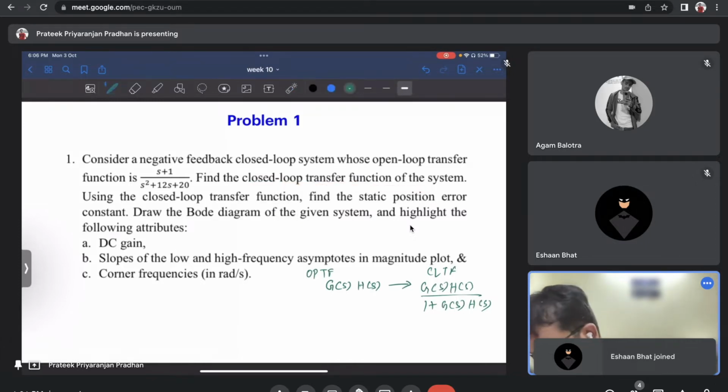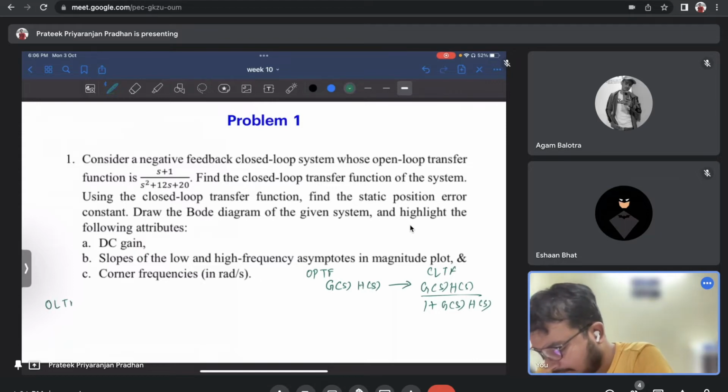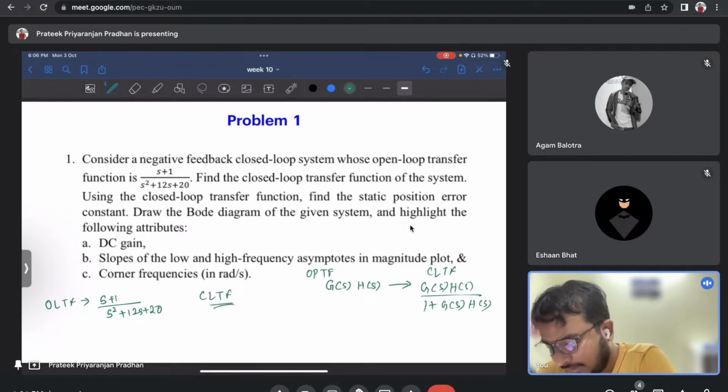The open loop transfer function is s plus 1 divided by s square plus 12s plus 20. That means the closed loop transfer function will be s plus 1 divided by s square plus 12s plus 20, whole divided by 1 plus s plus 1 divided by s square plus 12s plus 20.